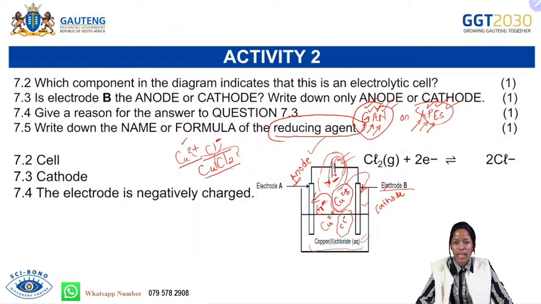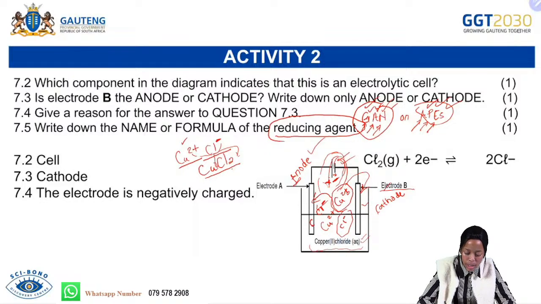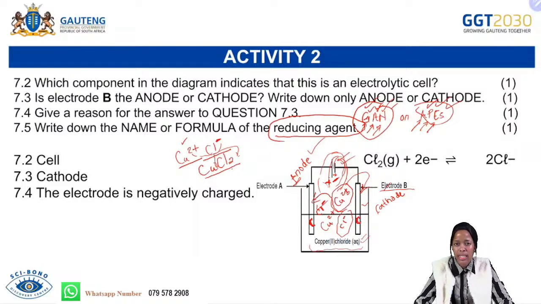And then from there, we need to take into consideration the types of electrodes that we have. Initially they told us that we have graphite, and then we said that graphite is representing carbon.